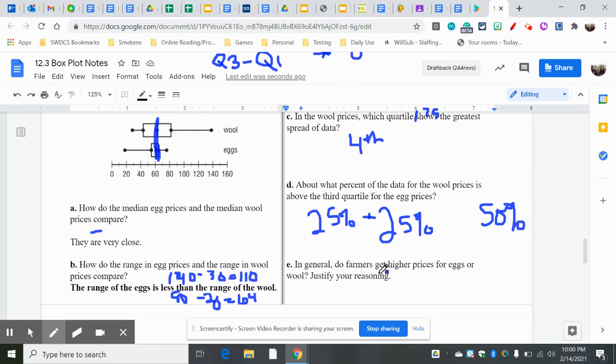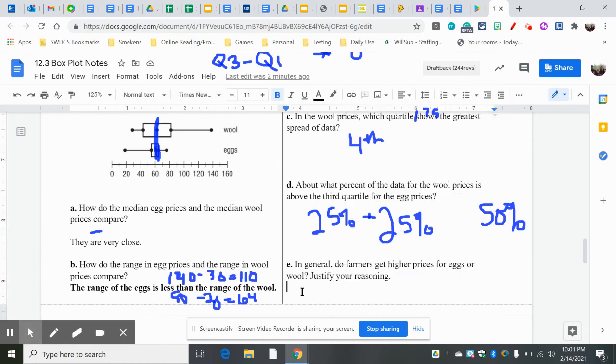In general, do farmers get higher prices for eggs or for wool? And justify your reasoning. Okay, so if I look at these graphs, these are prices. Are farmers going to get higher prices for eggs or wool? Which one seems greater? Okay, you should have chosen wool. So I want you to write down this answer for me with the justification.